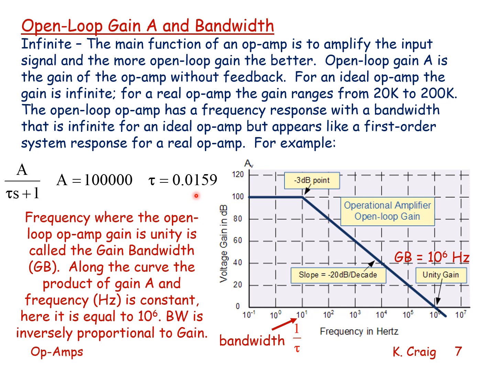The bandwidth is 1 over tau in radians per second. If I then divide that by 2 pi radians per cycle, I get hertz, or in this case, 10 hertz as the bandwidth. And that's the point where the amplitude drops minus 3 dB from the low frequency value.